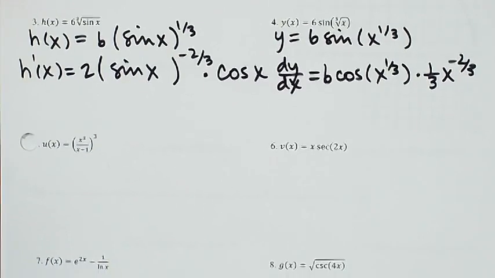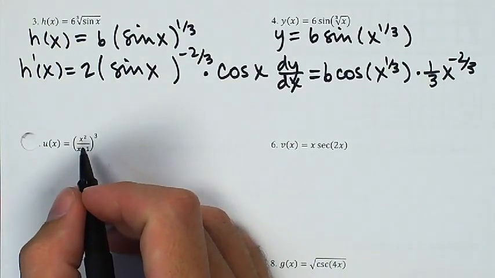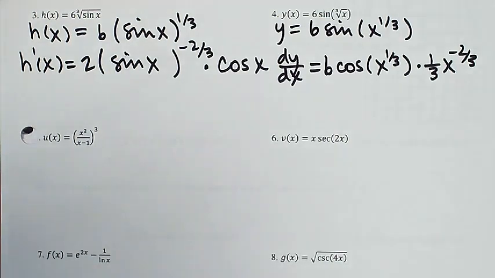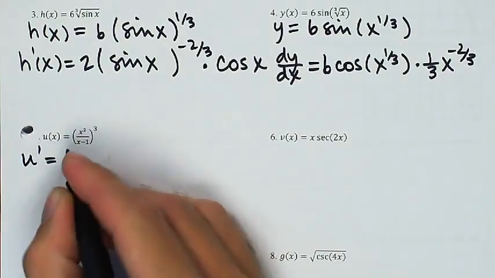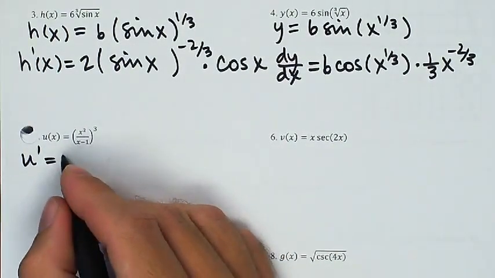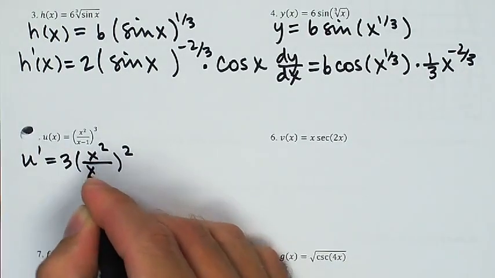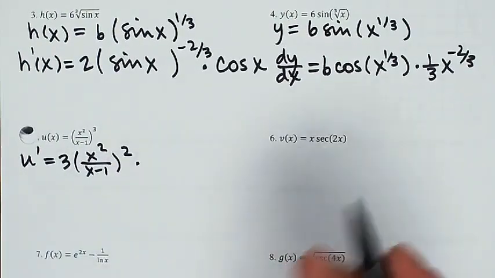U of x is equal to a fraction to the 3rd power. All right, so I'm going to just attack this from the outside in. I will have to use quotient rule, but it won't be the end of the world. If you wanted to write this as x to the 6 divided by x minus 1 to the 3, and then take the derivative using the quotient rule and chain rule, be my guest. You're going to get the same thing. So u prime is, well, the derivative of a thing to the 3 is 3 times that thing squared. Then I multiply by the derivative of the inside, which is the derivative of that fraction.